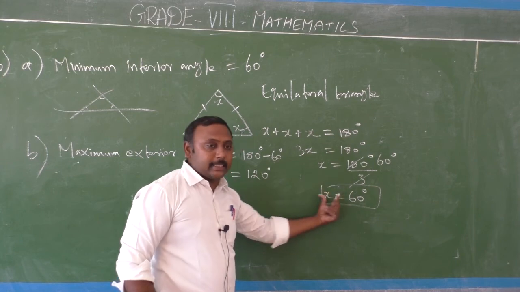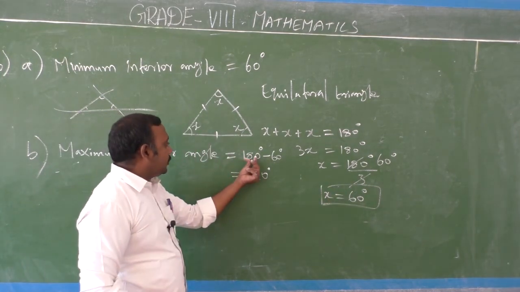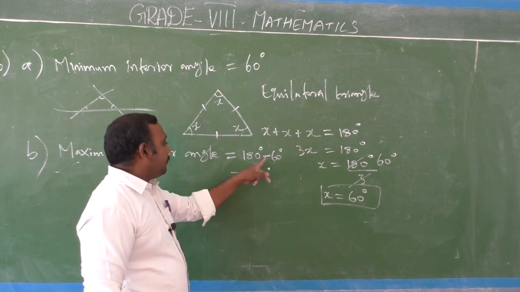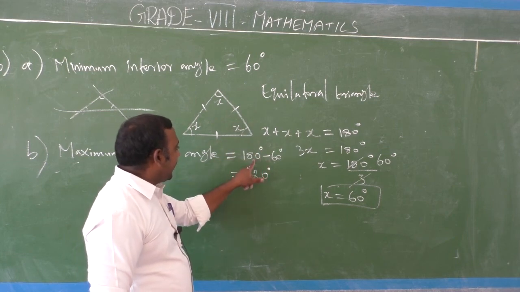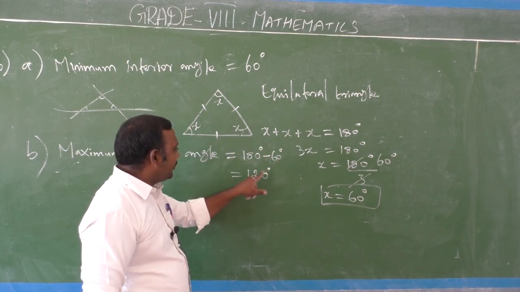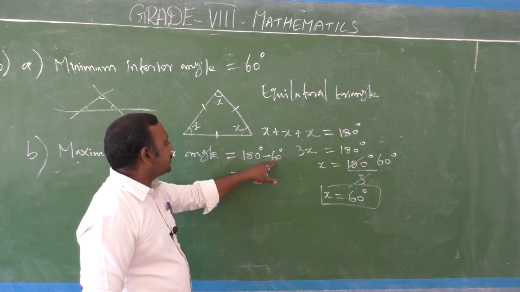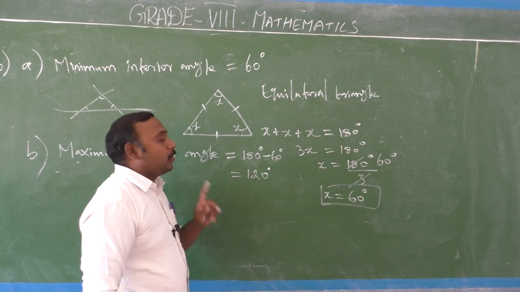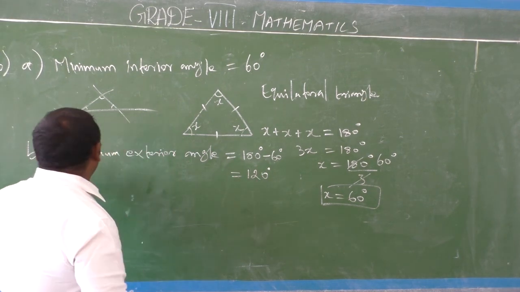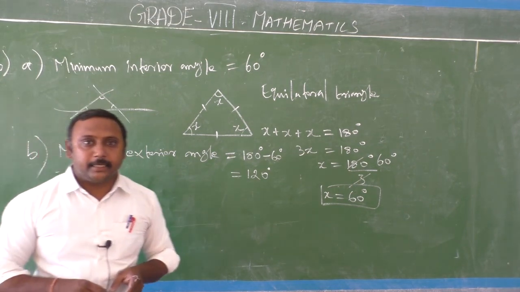By using this, we can find the maximum exterior angle. 180 degrees minus the interior angle is equal to the exterior angle. So 180 degrees minus 60 degrees is equal to 120 degrees. So the maximum exterior angle is equal to 120 degrees.